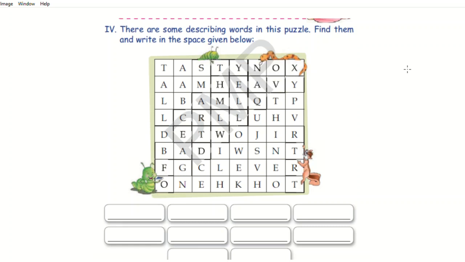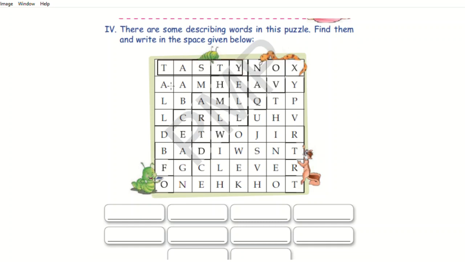Exercise 4. There are some describing words in this puzzle. Find them and write in the space given below. Here children, in this grid we have given the letters and we need to find the describing words out of it, and then we will be writing them in the spaces given here. Let's start.